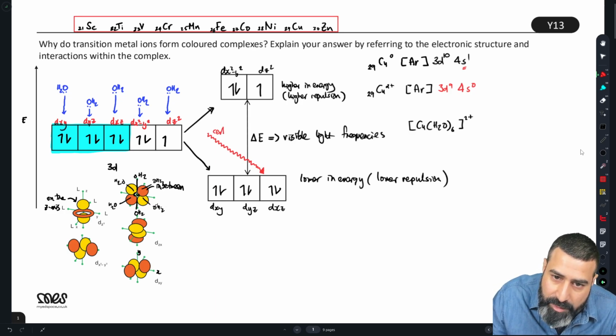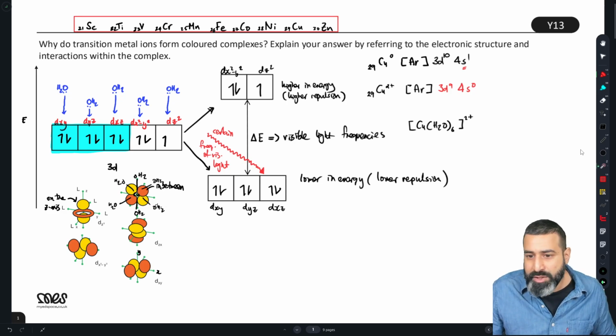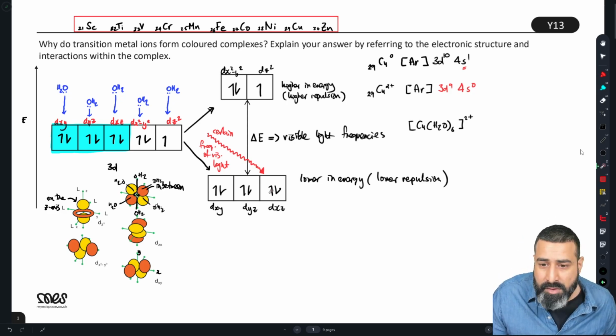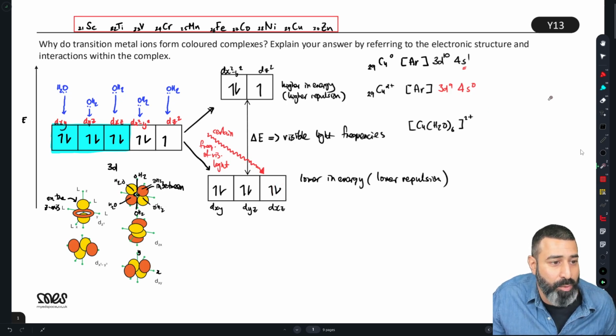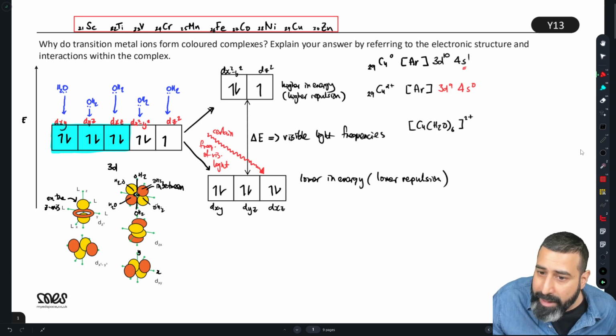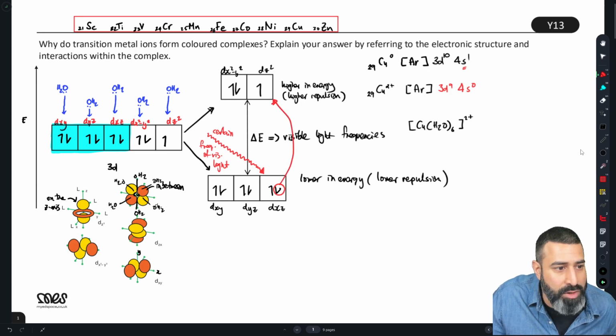So certain frequency of visible light comes in, smacks the lower energy electrons, and then what happens is we get a d-d transition, okay? So we get absorption of visible light, and then one of these electrons gets promoted into a higher energy orbital.